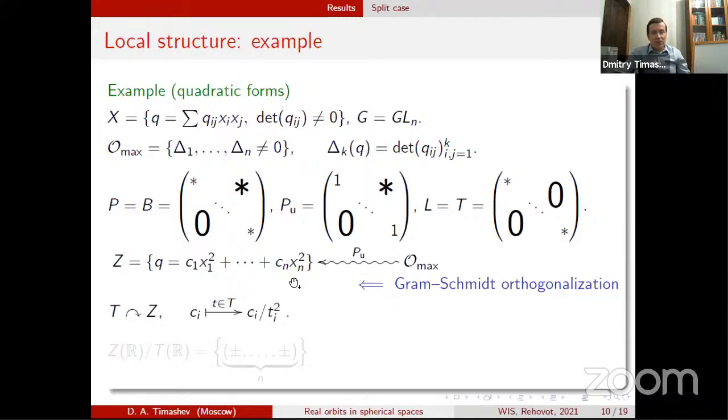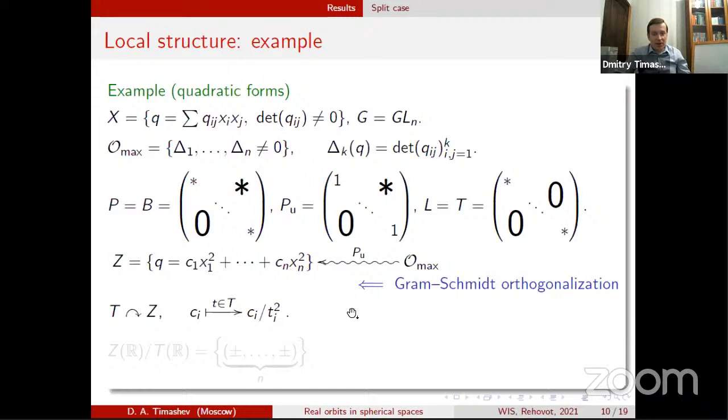Now let's consider the action of the torus on the slice. When you act by a torus, the coefficients of a quadratic form are divided by squares of diagonal entries of this torus. This is over complex numbers. And so you easily see that there is a single orbit indeed, because all these coefficients can be made equal to 1.